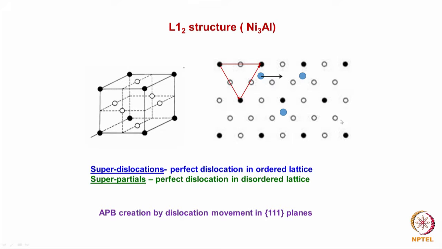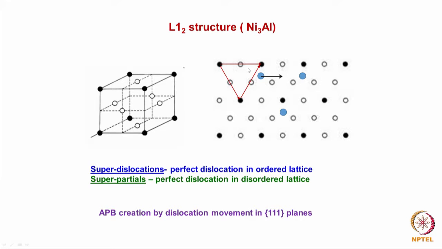In this plane, what is the perfect translation vector? It is going from here to here, or from here to here. In the disordered lattice, half of it, from here to here, is essentially the translation vector.